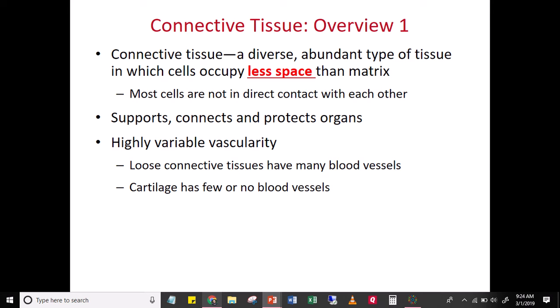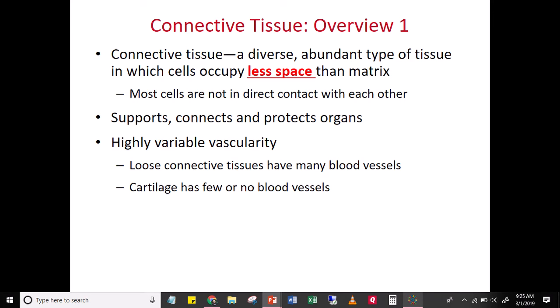And when we look at our connective tissues, this extracellular matrix that makes up the majority of the volume of our connective tissues sometimes will have lots of blood vessels in it, so they'll be highly vascularized. Other times, it will have very few blood vessels or almost no blood vessels at all. And those are connective tissues that, generally speaking, don't regenerate as quickly because they don't have the nutrient supply they need to regenerate.